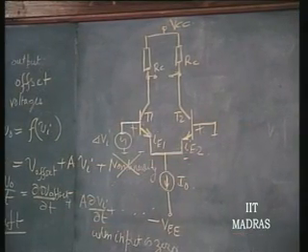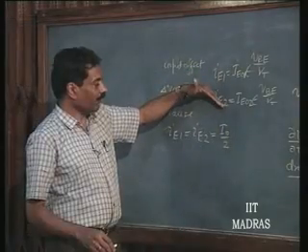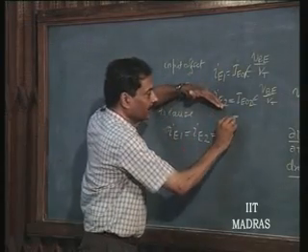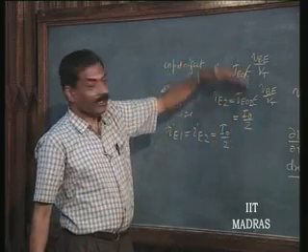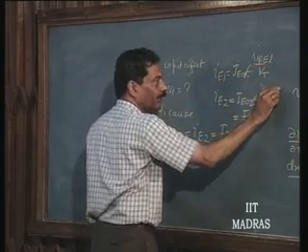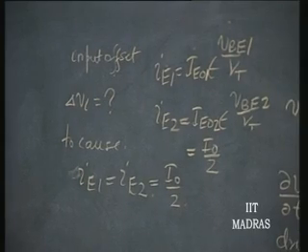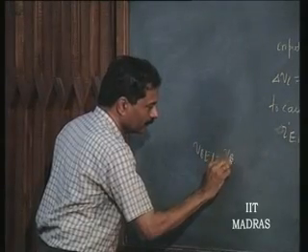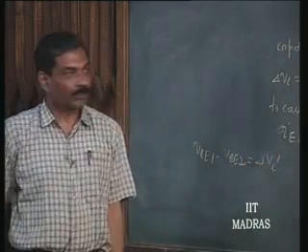How do you know that? You can now find out. If IE1 is equal to IE2 I have made, then that is equal to I0 by 2. Then I take the ratio of this, what do you get? VBE1 has got to be different from VBE2. That means VBE1 minus VBE2 is going to be delta VI in that loop.